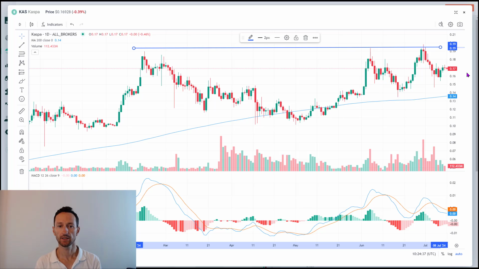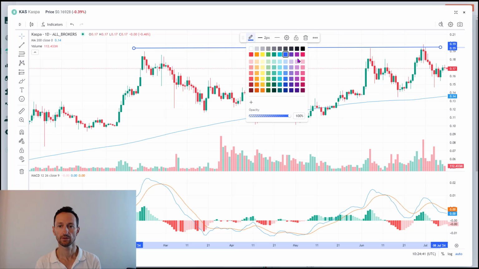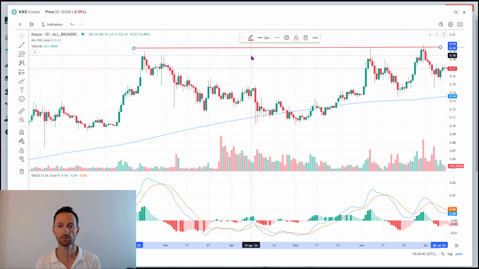Where is my support? Okay, so this is resistance. Let's make it red. My support is where price has found and bounced off of this level a few times. Right here it bounced off of that level, but it could also be a level that was previously resistance, and that's a concept known as polarity.